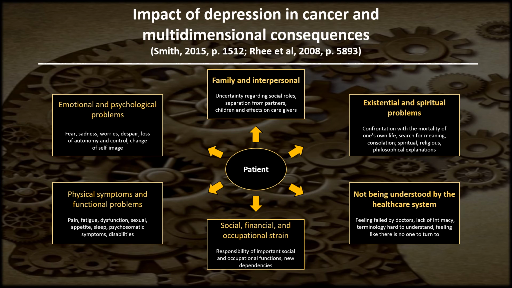A study by Ree has shown that depression affects family members and caregivers of cancer patients in much the same way as a patient feels it. There are many different types of treatment for depression in cancer patients. We will discuss these on our next slide.